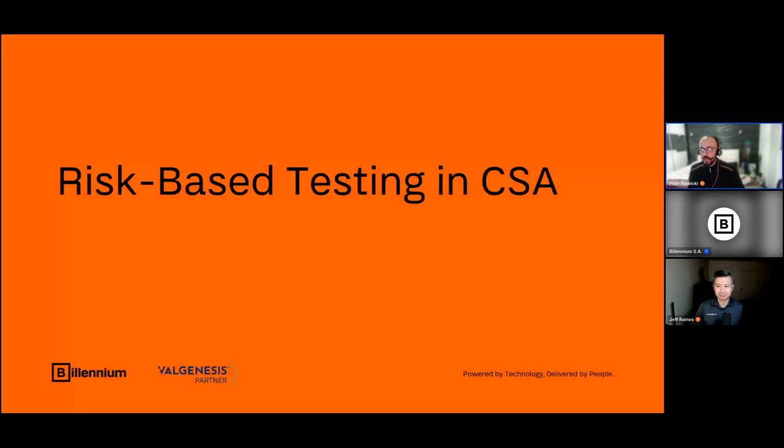As the title suggests, today's webinar will focus on computer software assurance, abbreviated to CSA, topics in the context of a risk-based testing approach. I will also try to address the fundamental differences between computer system validation, abbreviated to CSV, and computer software assurance.